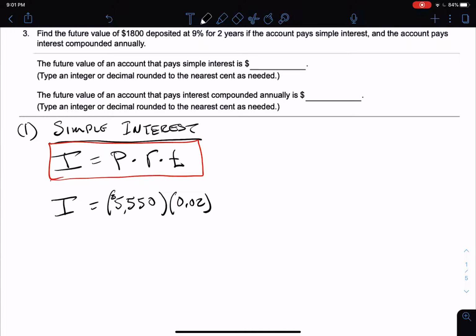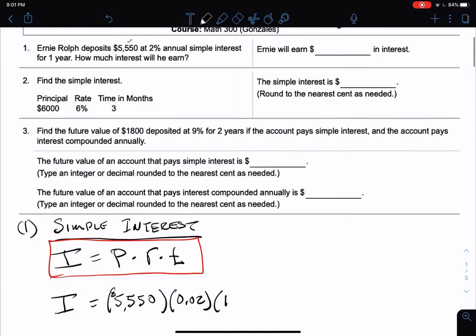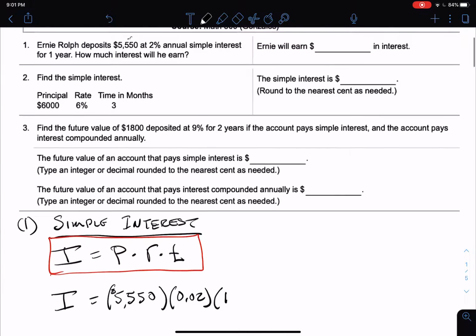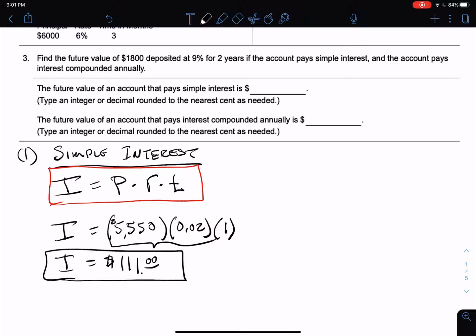And it's being deposited for 1 year. So when you multiply all that up, we end up getting that the interest for that 1 year is going to accrue to $111.00. And so that is the answer.